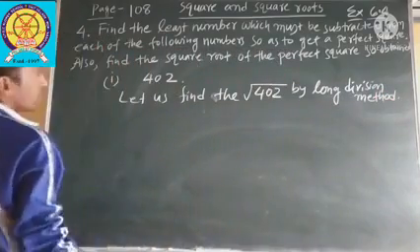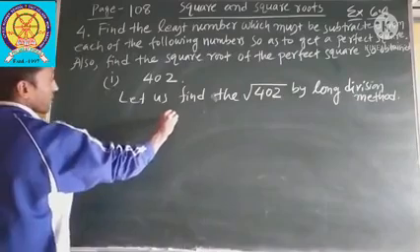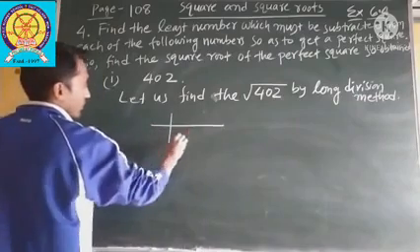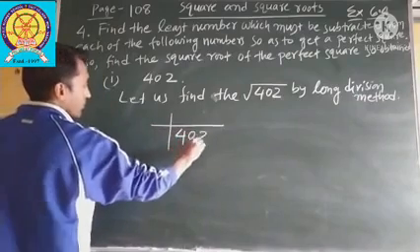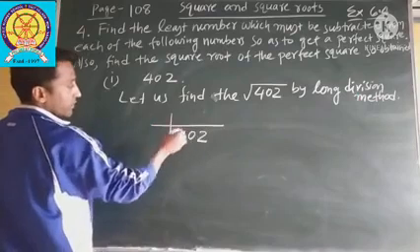First, find the square root of 402 by long division method. So how do we find the square root by long division method?